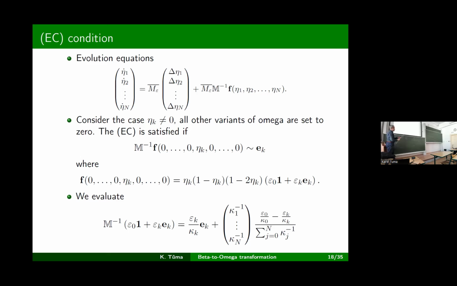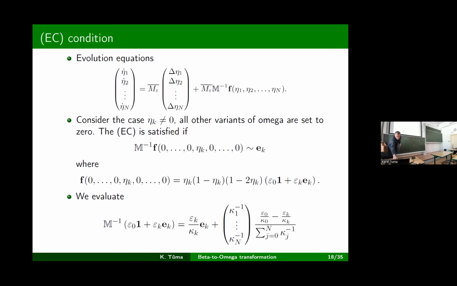And we want this result to be proportional to e_k. Here is e_k, but here is something which is not e_k, so there are some non-zero entries, for example in the component j different from k. So we want to make this 0.